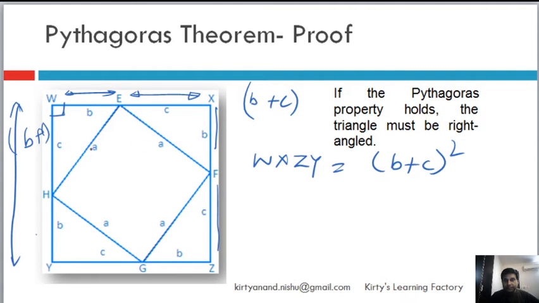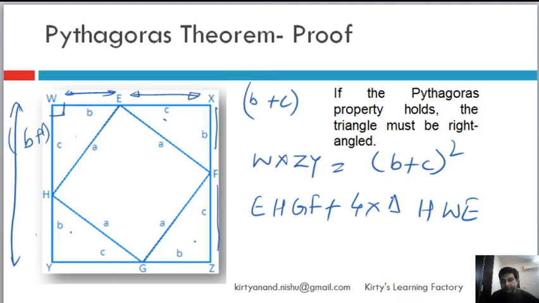which will also be equal to the area of square EHGF plus these four triangles, which are the same, we have just established, so 4 times the area of triangle HWE. Now here I am going to use a concept that possibly right now you don't know.